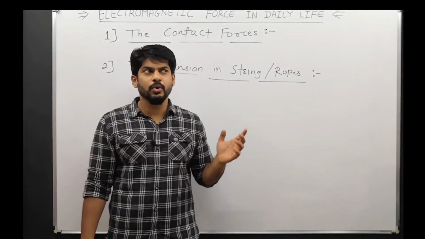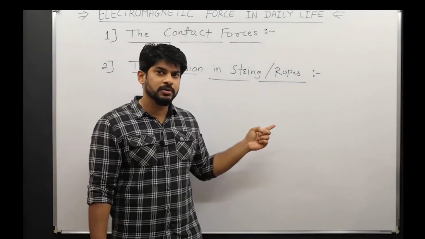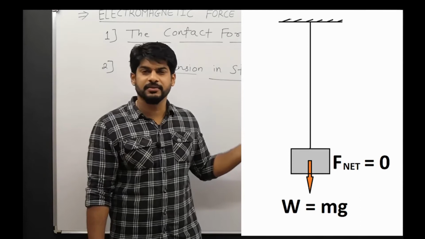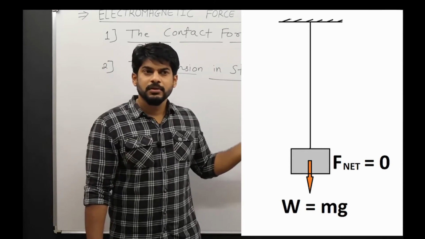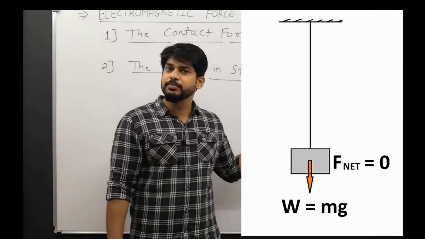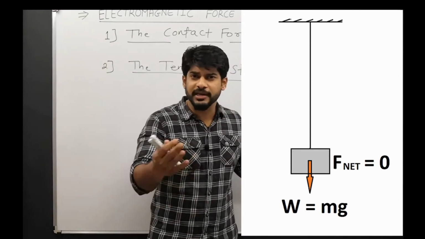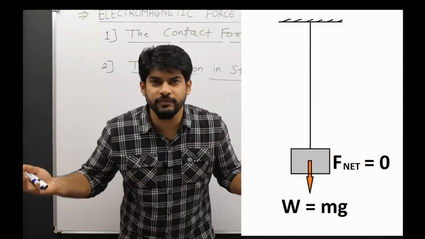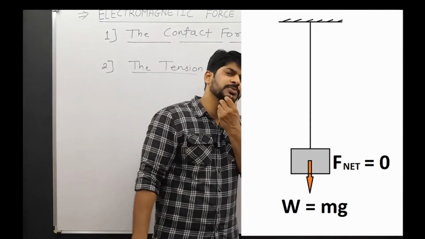That means over here on our block there is no net force. That's why it is not accelerating. That can be the only reason, because bodies don't accelerate if there is no net force. So the same must be here.